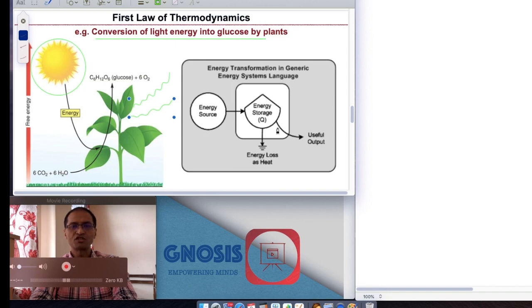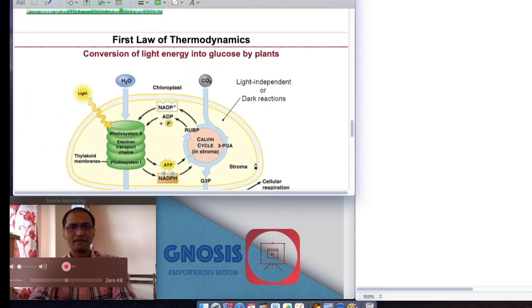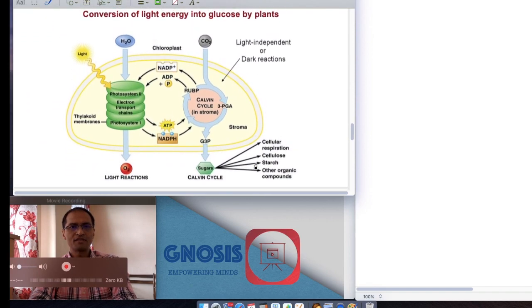We have the energy storage in the forms of ATP, in the forms of NADPH, and then we also have some energy which is lost as heat. And the process of photosynthesis is one of the classic examples of the operation of the first law of thermodynamics in biological systems.